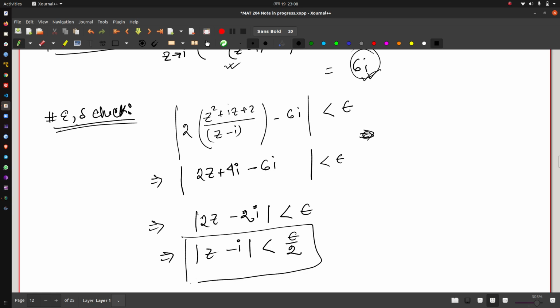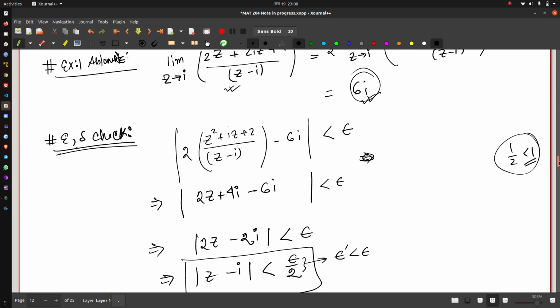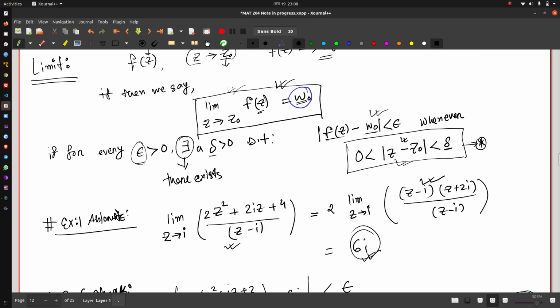So this is one way, or so to say one part. Now for this epsilon by 2, which you can also represent with, let's say, epsilon prime, which is less than epsilon, because obviously half is less than 1. You can always replace them. Now you ask, okay, can I find some delta for this epsilon by 2, or epsilon prime, that will satisfy this inequality over here, z minus z naught, where in our problem this z naught is just i.